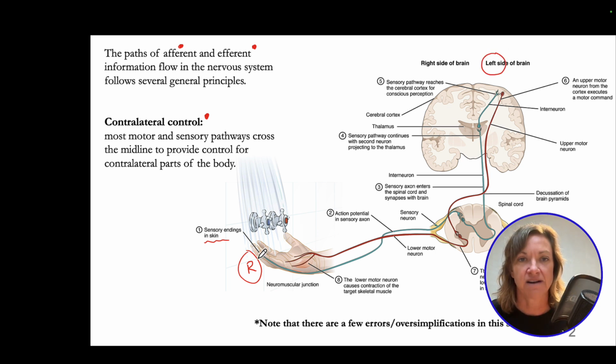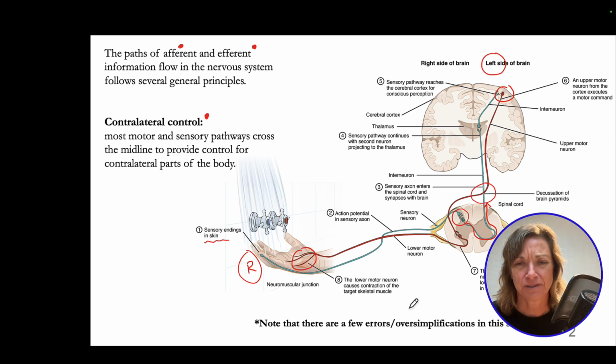So it shows you here, following the blue path sensory information takes, crossing, because it's temperature information, at the level of the spinal cord and ascending ultimately to the thalamus and then the left somatosensory cortex. Similarly, the efferent command originates in the left side of the brain, descends, crosses at the level of the pyramids, and governs musculature in the right hand.